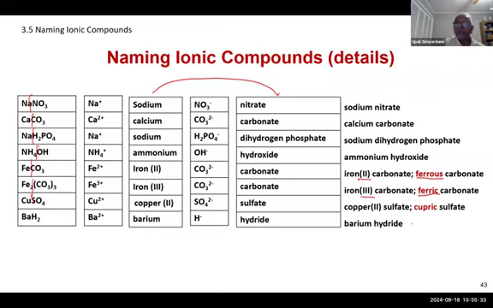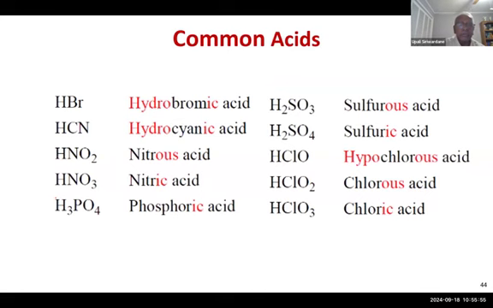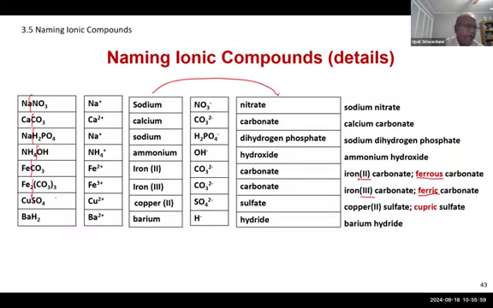Notice you don't write down prefixes for anions, sodium nitrate. This is Fe2CO3. You don't write di ion or something. So we finished the naming of ionic compounds.